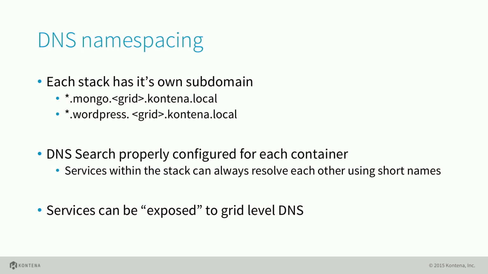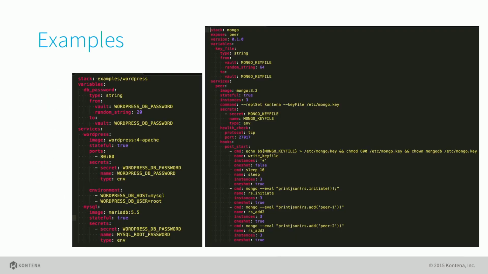So if I roll back to the MongoDB example, in here we have a couple of different services in the Mongo stack, and it's saying that it exposes this peer service from the stack.